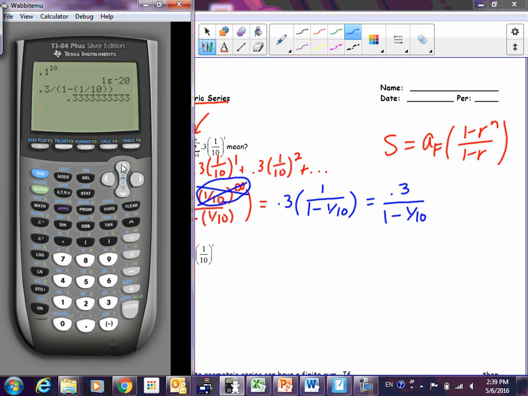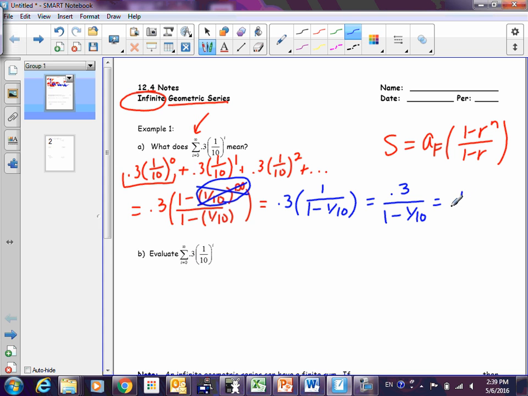If you could possibly round here, but that's not as accurate as writing this as a fraction. If you know what fraction it is, great. If you don't, hit the math fraction, and you get a third.